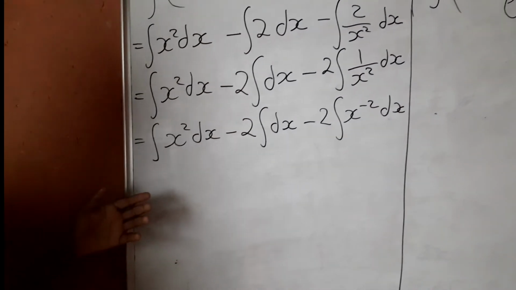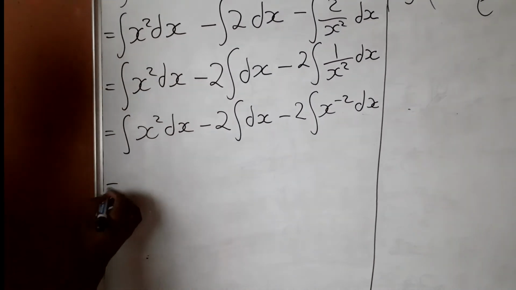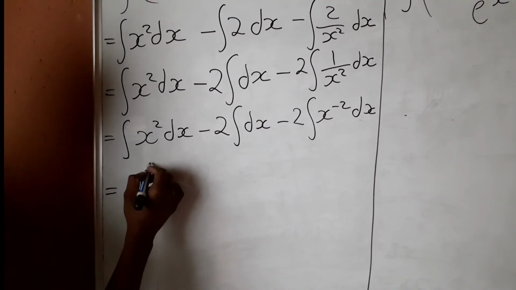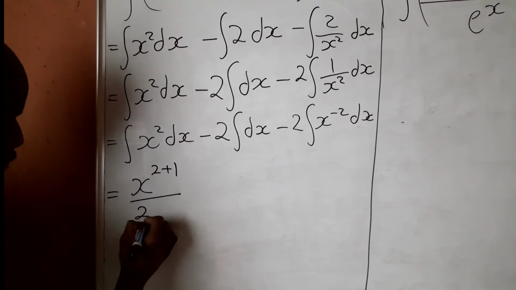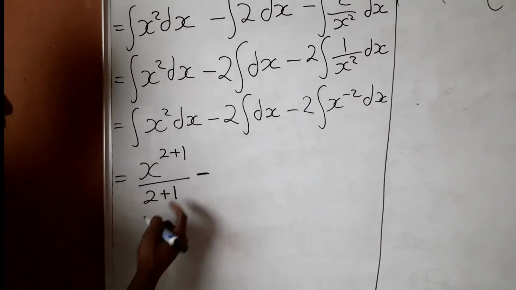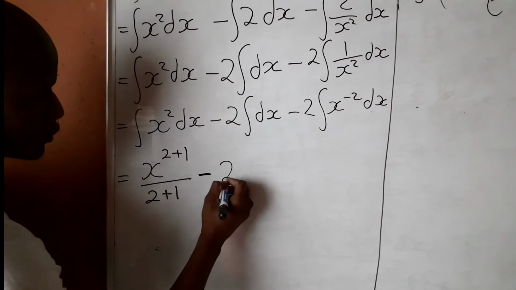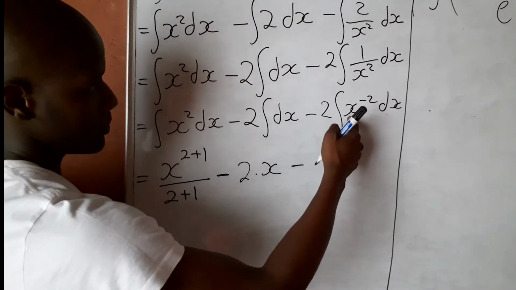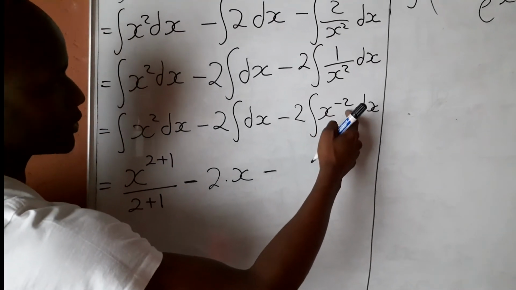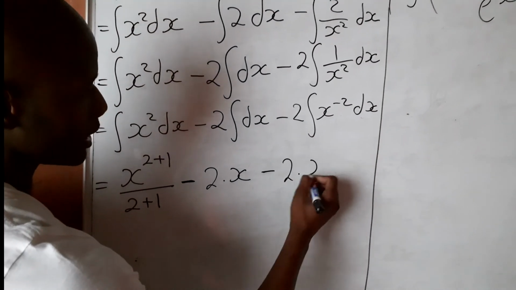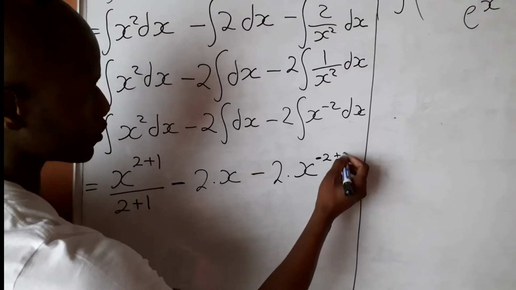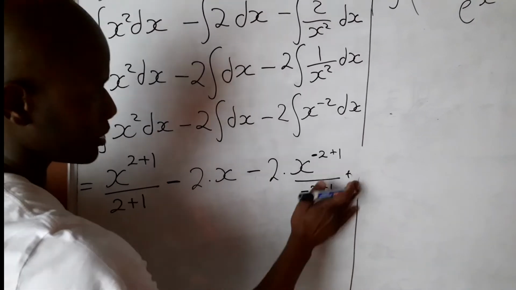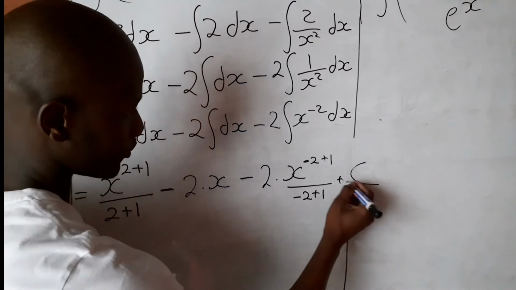So now I can start to integrate. When we integrate x squared dx, it's going to be x to the power 2 plus 1 over 2 plus 1, minus, when we integrate dx, it's going to be 2 times x, minus, when we integrate x to the power negative 2 dx, it's going to be 2 times x to the power minus 2 plus 1 over minus 2 plus 1, plus c.